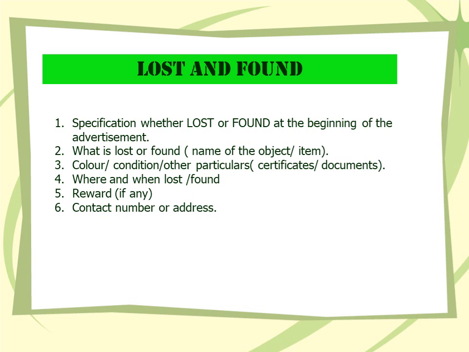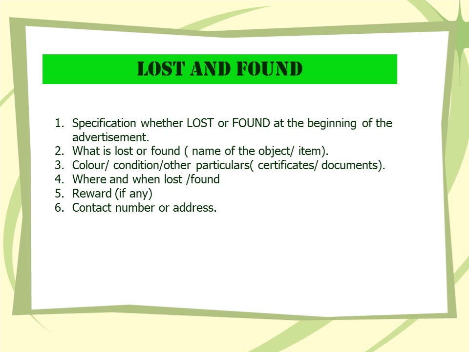Now in this case we have to specify whether we have lost or found something right at the beginning of the advertisement. Next thing is we have to mention that what is lost or found, that is name of the object or item. We have to also give the specification whether it is the condition or other particulars like the certificates or documents.